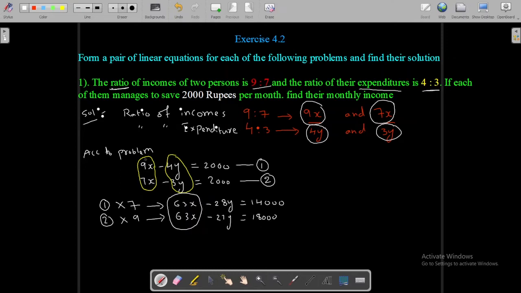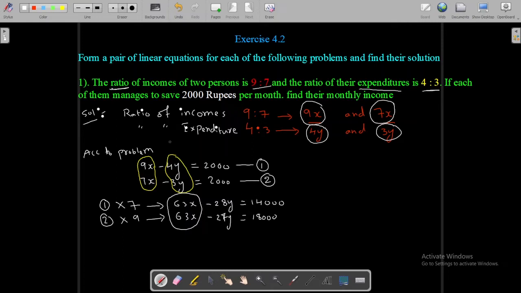That is, 7 nines are 63, 7 fours are 28, 7 twos are 14, that is 14,000. Similarly, second equation into 9: 9 sevens are 63, 9 threes are 27, 9 twos are 18,000. Okay, now we got these equations.